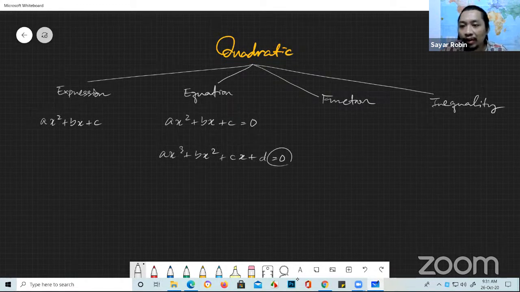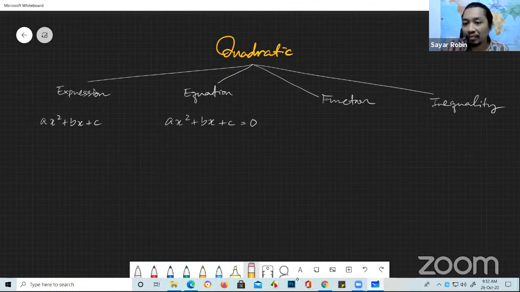Whenever you see a polynomial on the left hand side and 0 on the right hand side, that is called an equation, whether quadratic, cubic or linear.